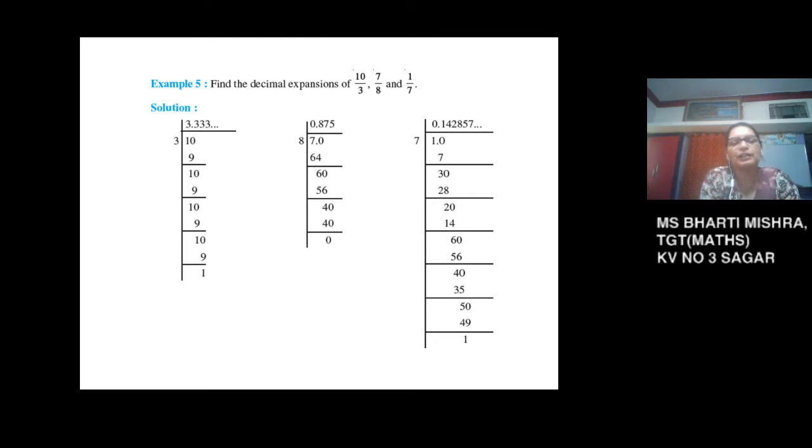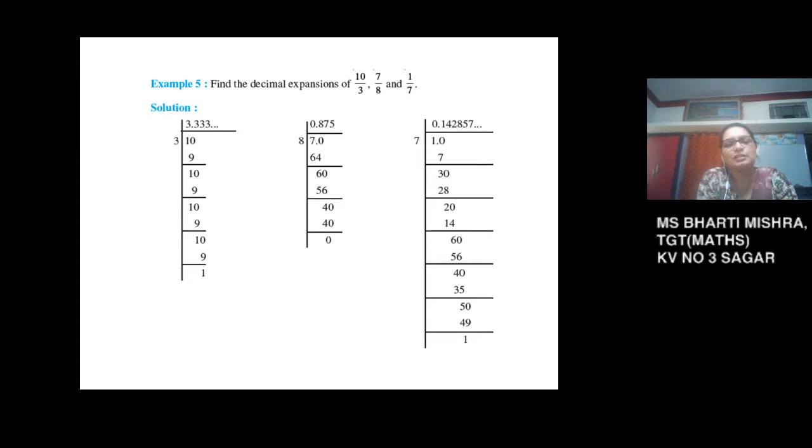Now we want to find the decimal numbers. So further we have 3 point. We write the decimal point after 3, and we keep on using 0 with the remainders, and again we are getting the remainder 1. In such expansions, this number 3 after the decimal point is repeated again and again.